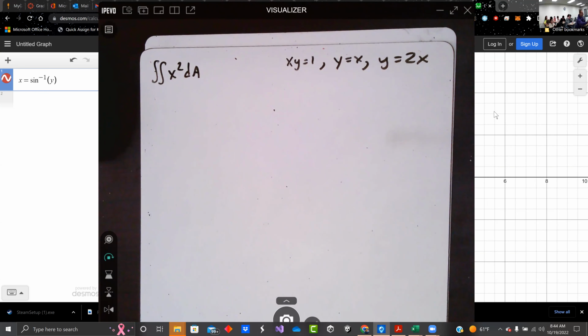Just say that it's in the first quadrant. Yeah, it's going to end up that way. You're going to have the same problem you did earlier, where you're going to have two different enclosed figures in two different quadrants.